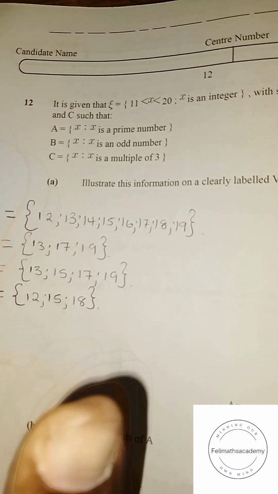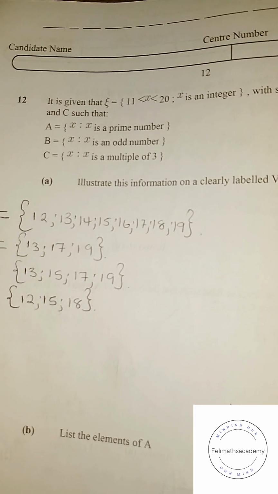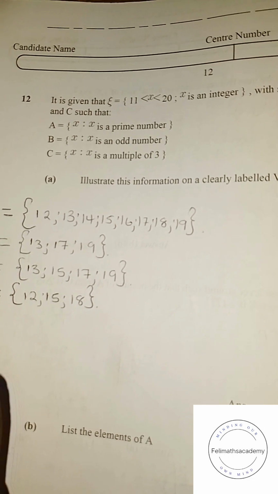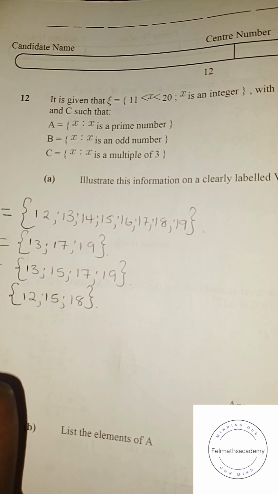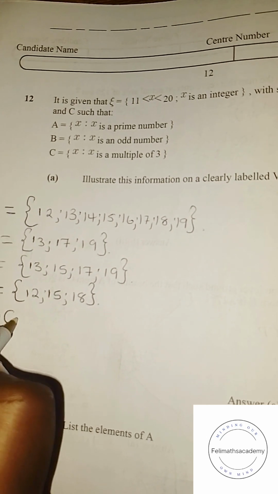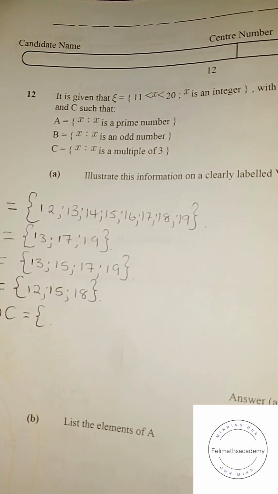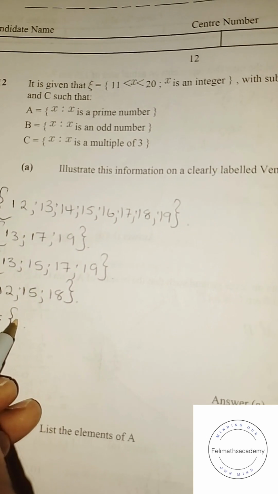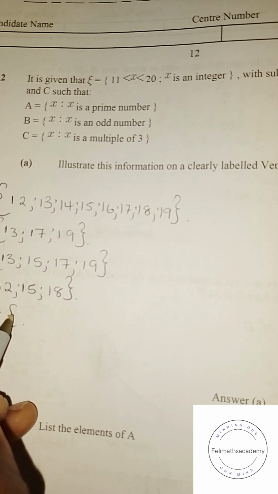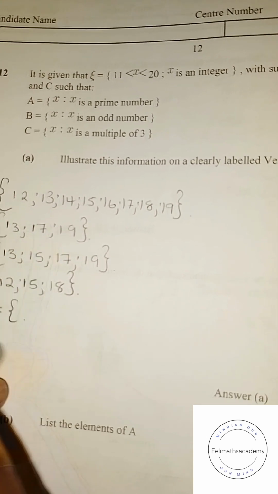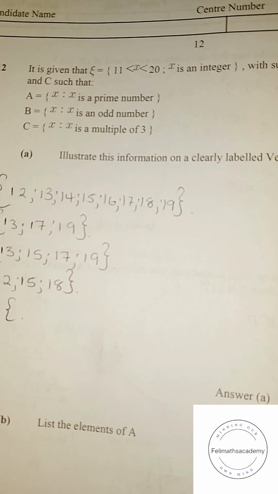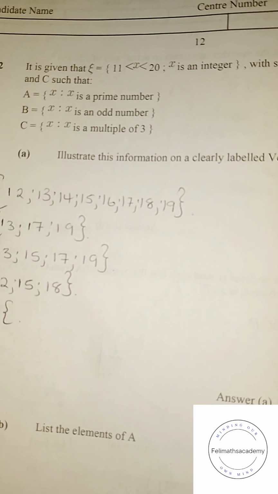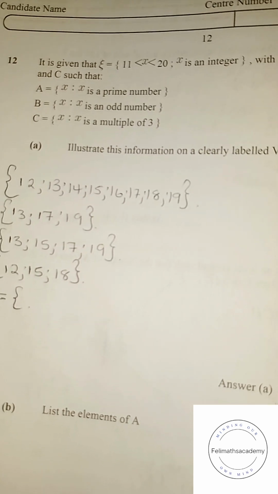Then before we draw our Venn diagram, we find the intersection of A, B, and C. When drawing a Venn diagram, we have to start by entering the elements which are in the intersection of these three sets.